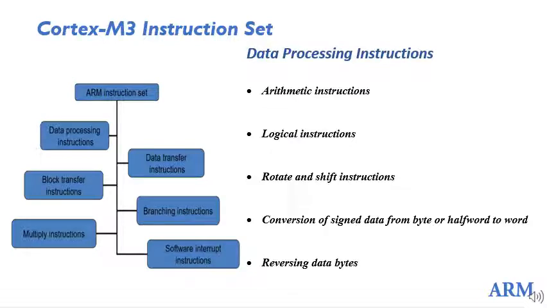That is, the instructions can be arithmetic instructions, logical instructions, rotate and shift instructions, conversion of signed data from byte or half word to word, and reversing data bytes. In addition to this, there are special instructions which also do data processing, which we'll look into later.